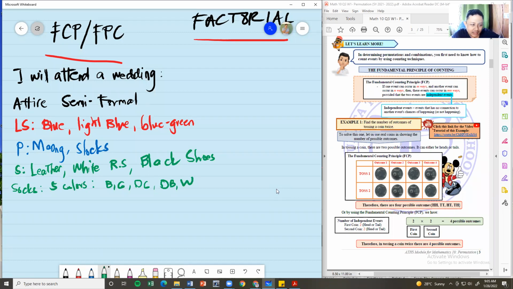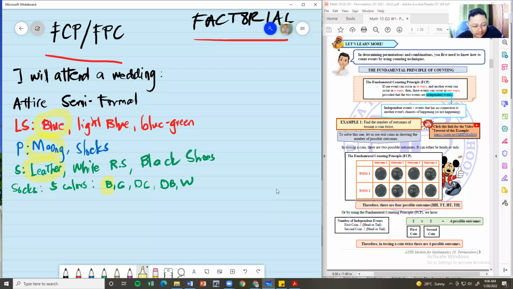What do you think shall we do here? So pwede kong gamitin si blue, si maong, naka-leather, tapos naka-black socks. That's just one of the many.